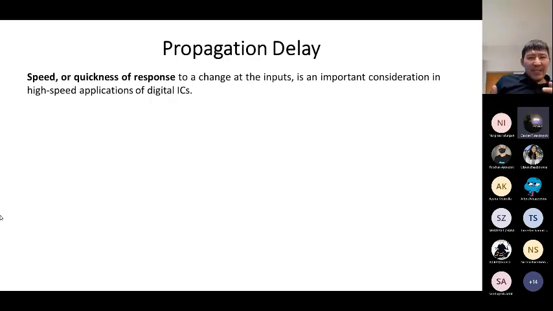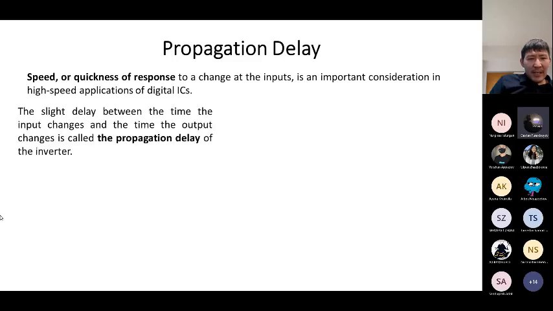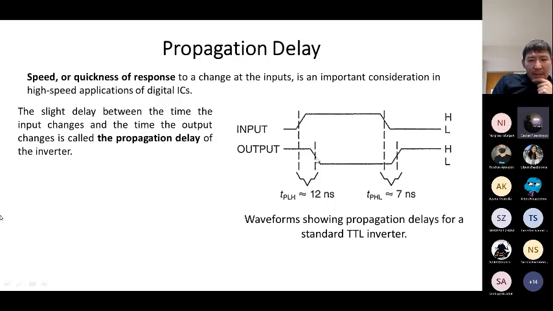So propagation delay is inversely related to speed. Speed, or quickness of response to a stimulus at the inputs, is an important consideration in high-speed applications of digital integrated circuits. So let's consider, for example, a TTL inverter, and at the beginning the input will be low.